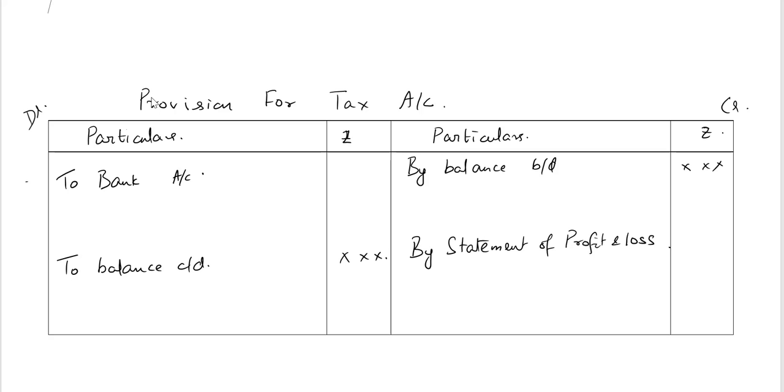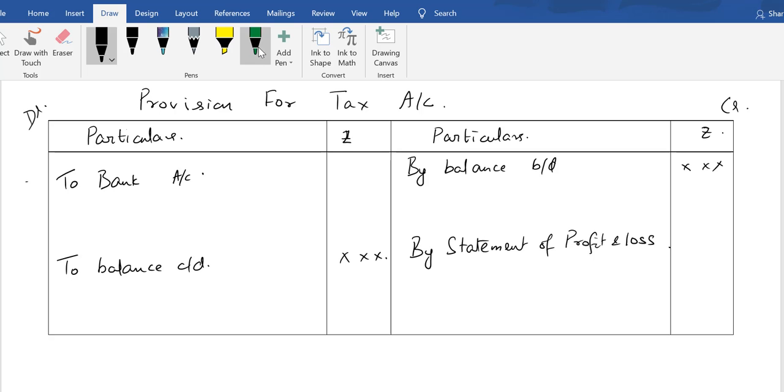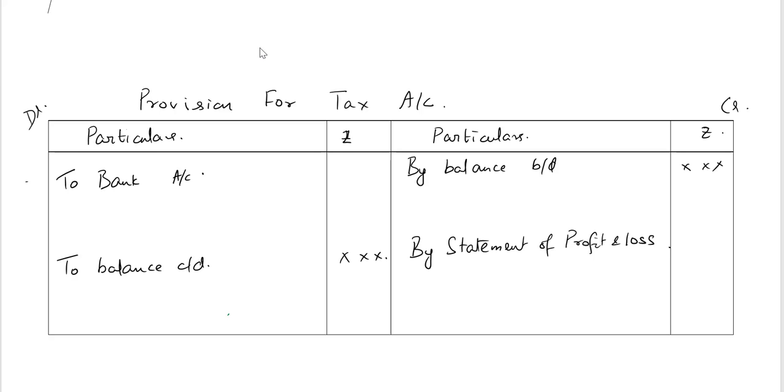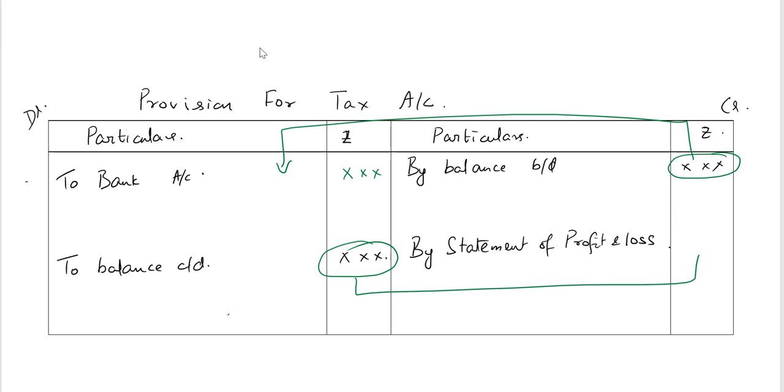Now we need to note something very importantly. Where we have only information with regard to the opening balance and the closing balance, then we need to assume that the opening balance is what has been paid for and the closing balance is what we provide.